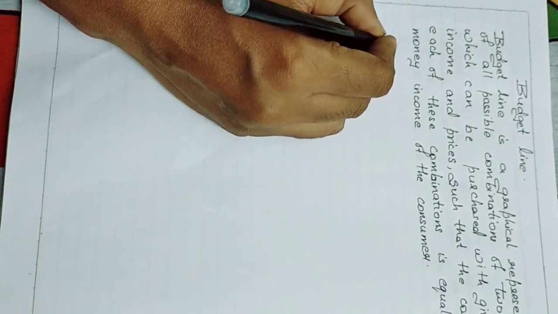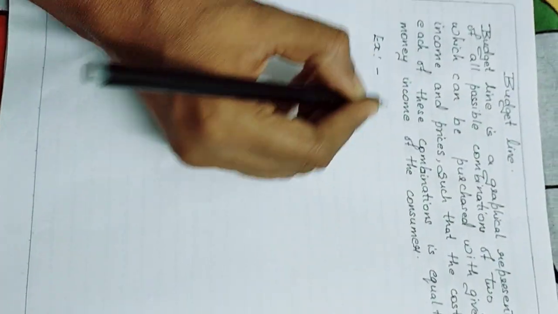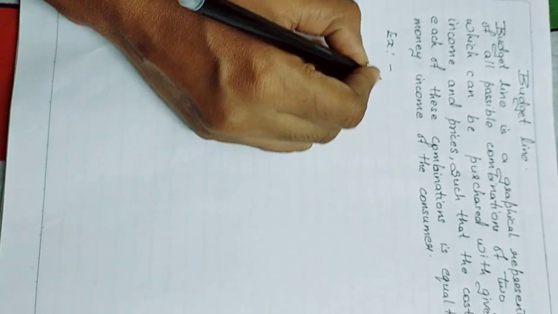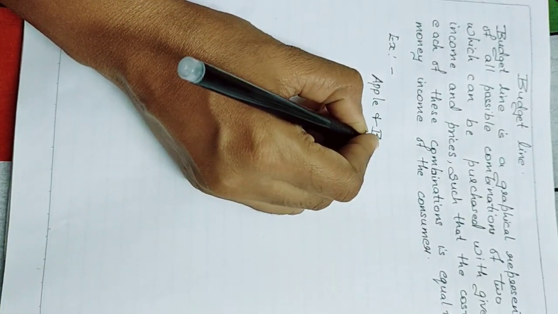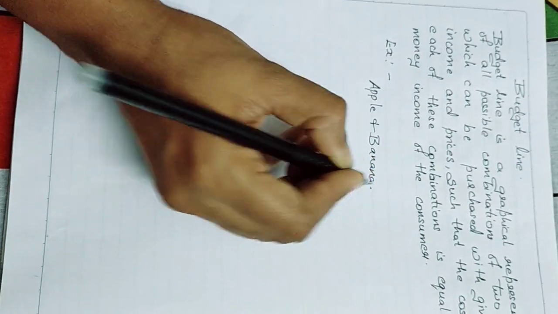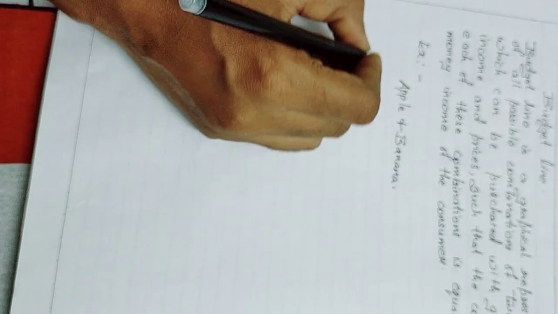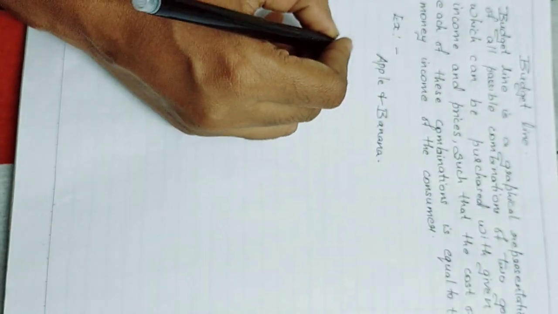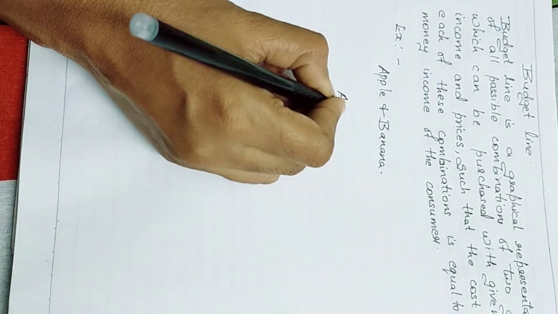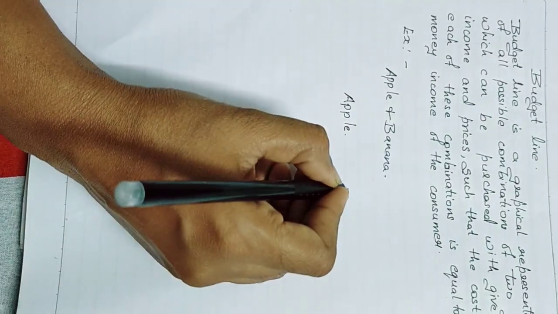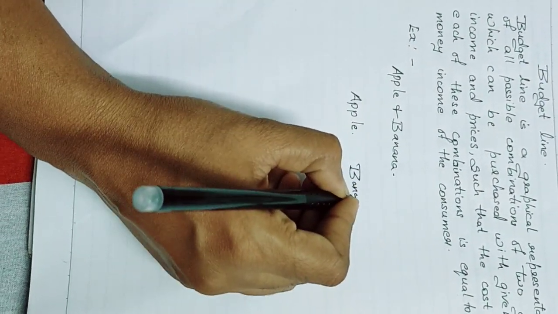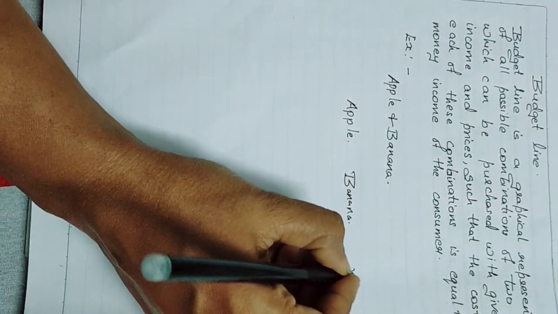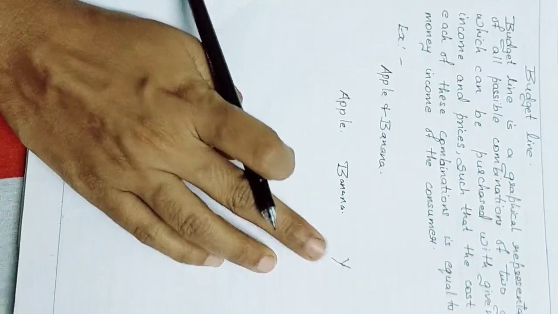In the example I am taking two goods, that is apple and banana. Here I am writing apple, and here banana. And here, as I had written Y, Y means income.